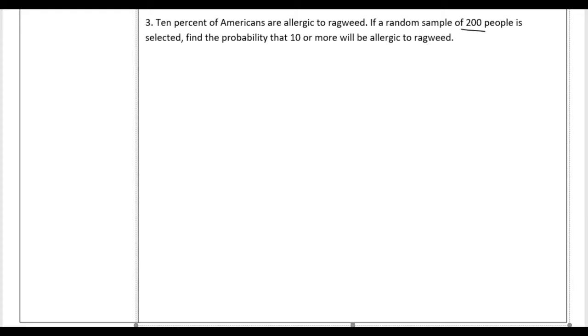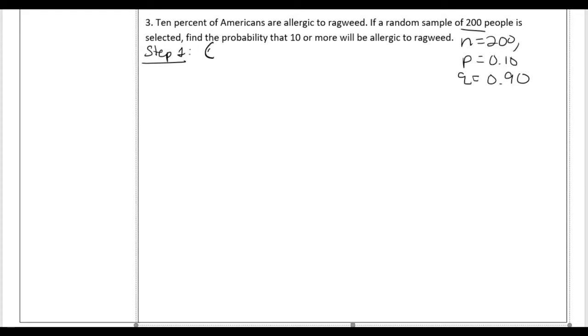So step 1, we will see if the conditions hold out. So n is 200, p is 0.10. It says 10%, so we're going to say success is being allergic, even though that's not a good thing, but we'll call that success. And then failure is 1 minus 10%, which is 90%, so 0.90.